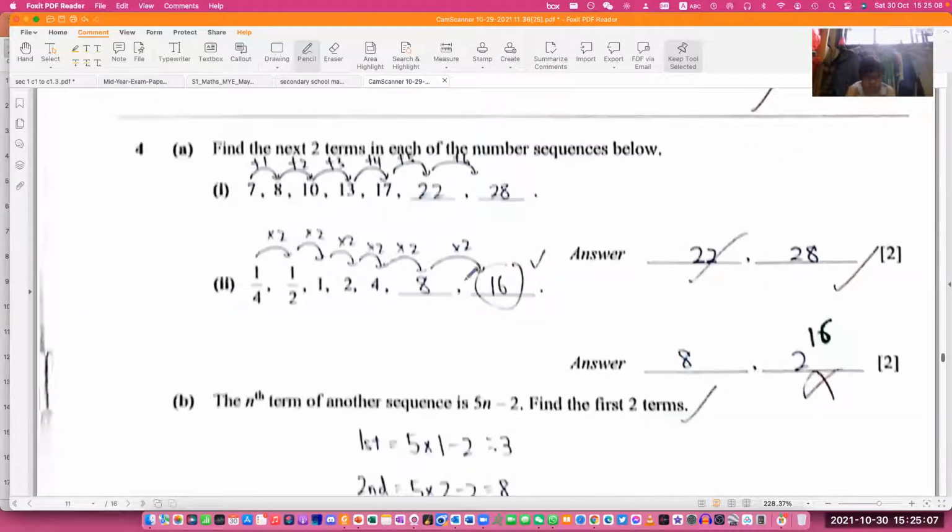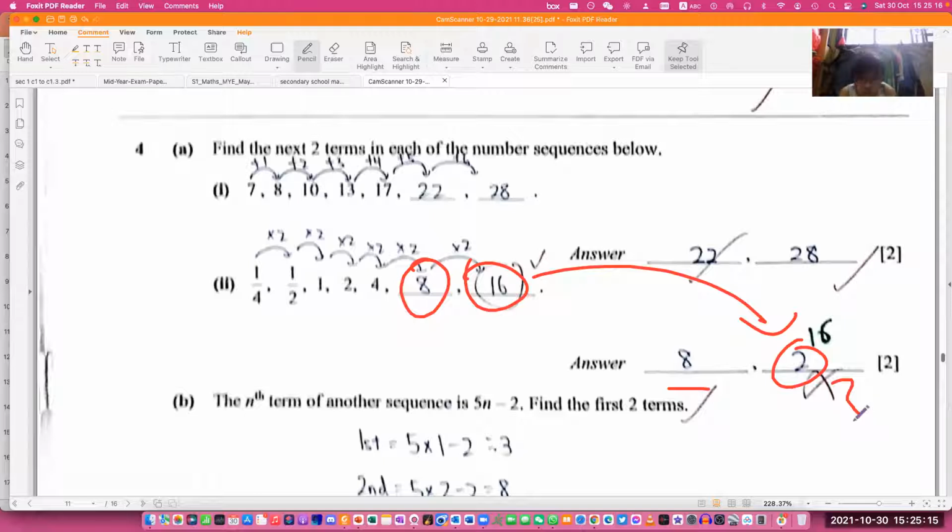This one is also very stupid. 8 and 16. You go and copy. You write 8 and 2. Where do you get the 2 from? Wait, times 2 is above. But over here is 8 and 16, right? So like here is 22 and 28.